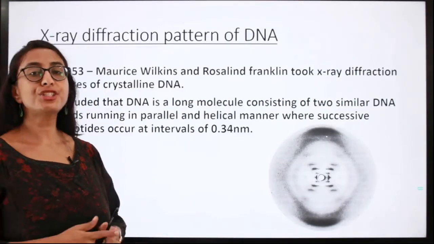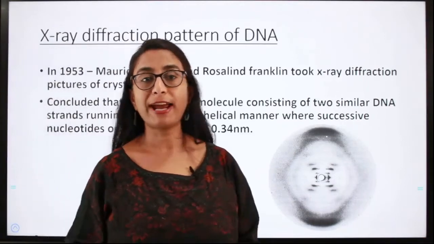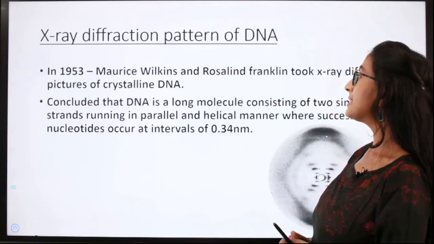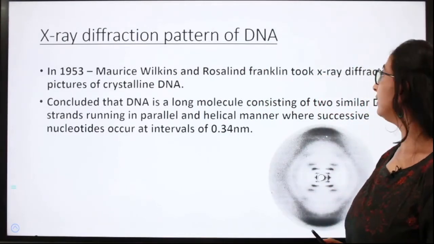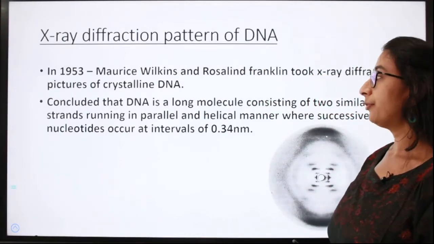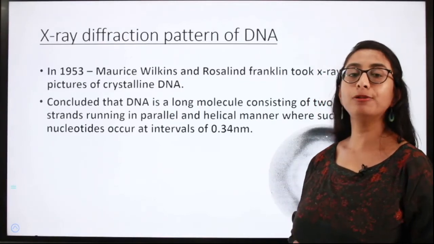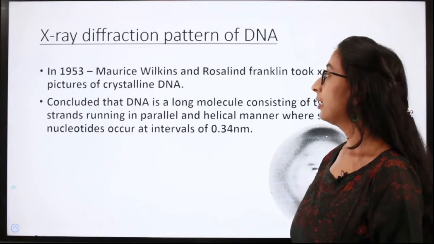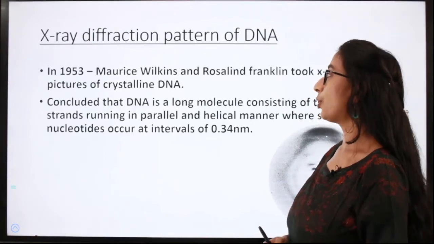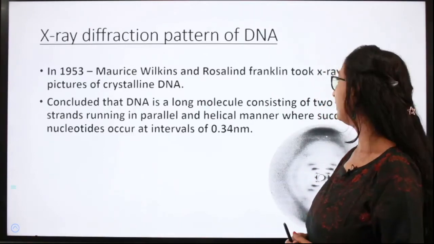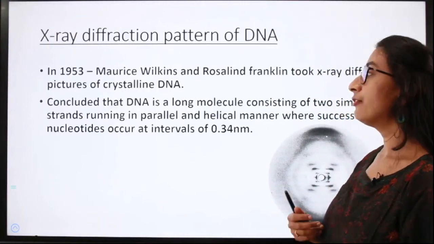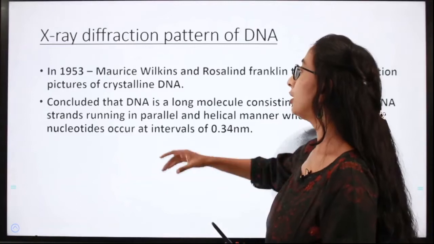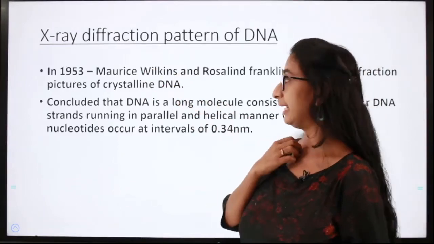In addition to the Chargaff rule, the X-ray diffraction pattern of DNA given by Maurice Wilkins and Rosalind Franklin in 1953 also was helpful for Watson and Crick to propose their double helical structure. So in 1953, Maurice Wilkins and Rosalind Franklin did X-ray diffraction studies and they got the pictures of crystalline DNA.